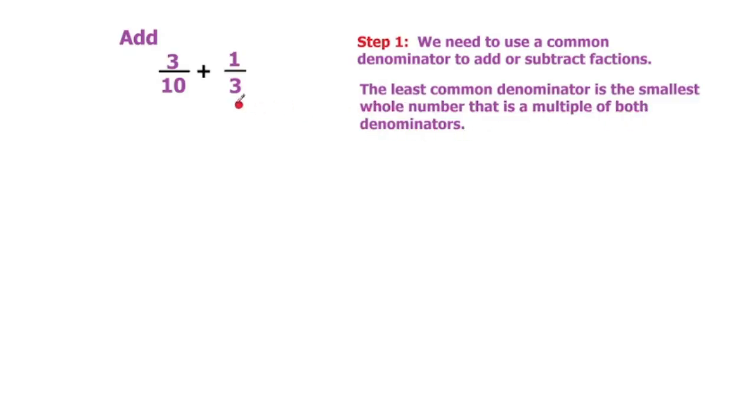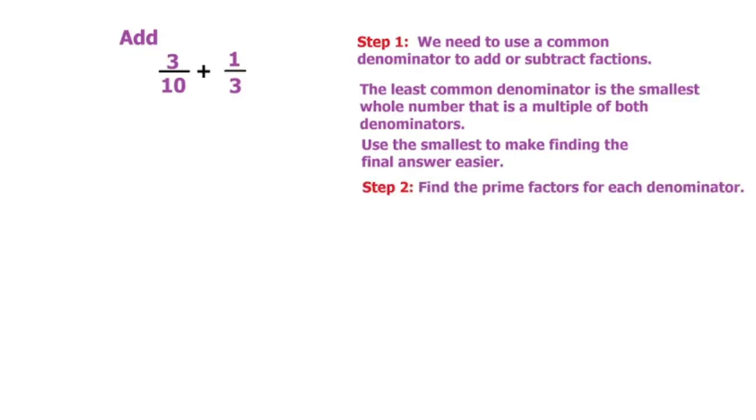That just means these have to be of the same size, but they need to be able to be multiples of each other, okay? So it'll make more sense when we go through this. So we use the smallest to make finding the final answer easier, okay? So that's why we use the smallest common denominator.